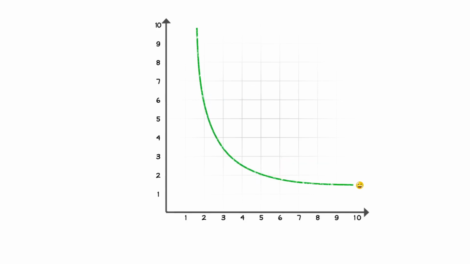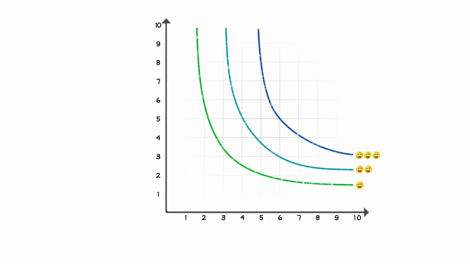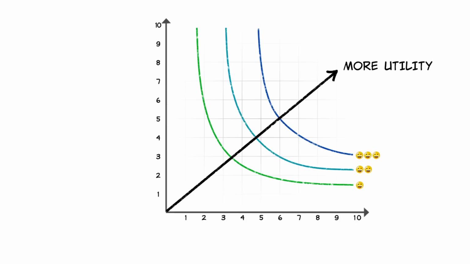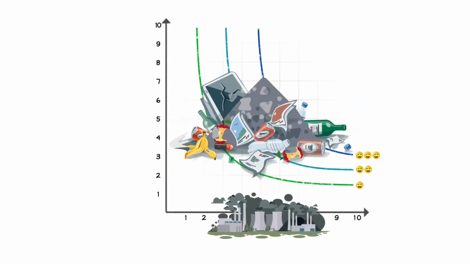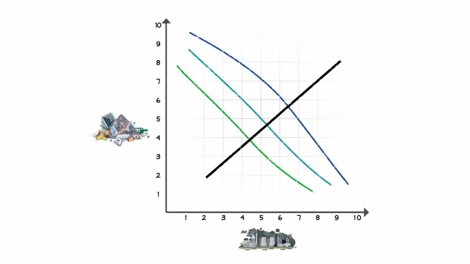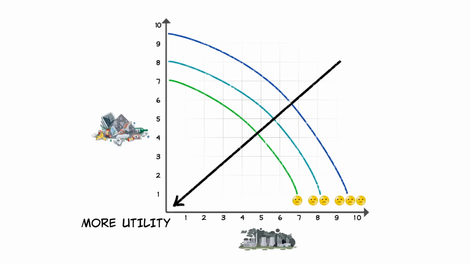That means that indifference curves that are farther away from the origin, or farther to the right, represent higher levels of utility. However, if we're talking about bads, say pollution or trash, then the less we have of them, the better. In this case, we are better off when we get closer to the origin.